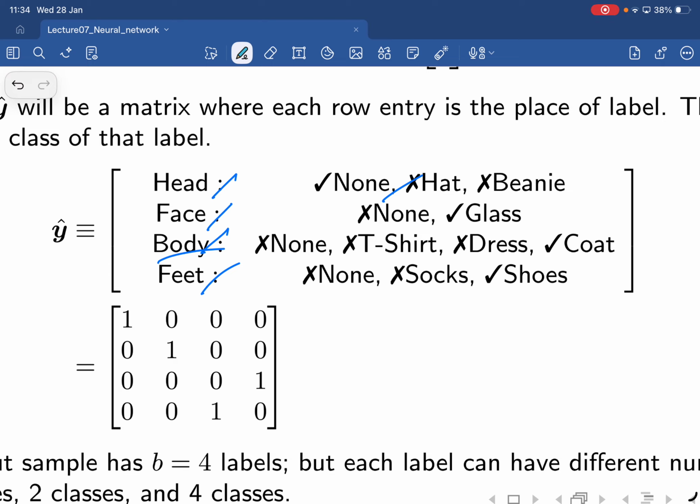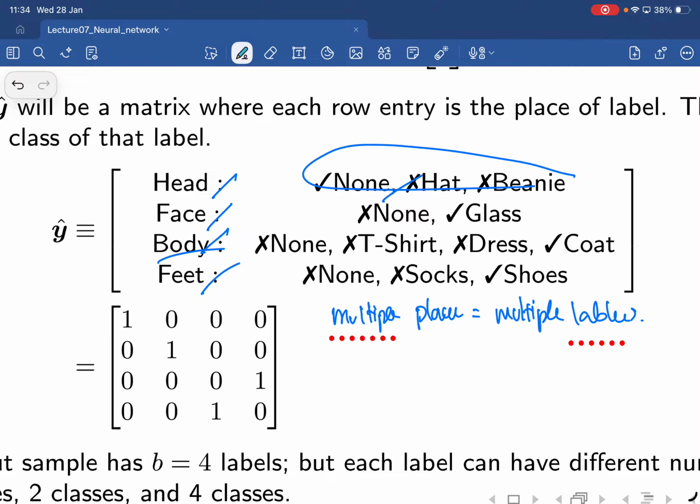If you have multiple places where you can infer a class, that refers to multiple labels. It's just that for each place of that label, there are multiple classes.